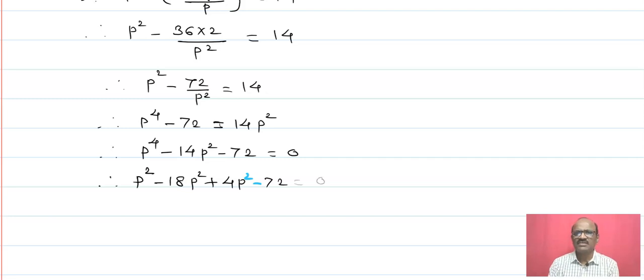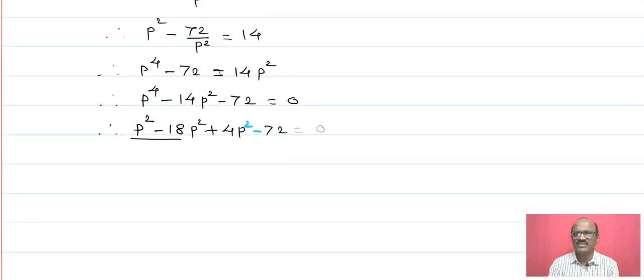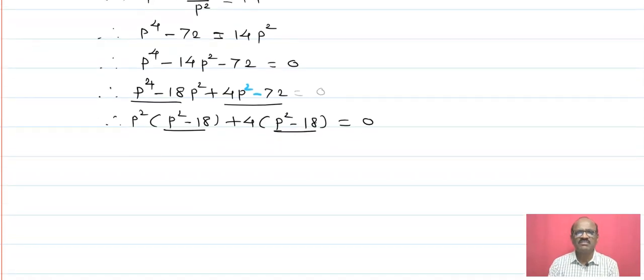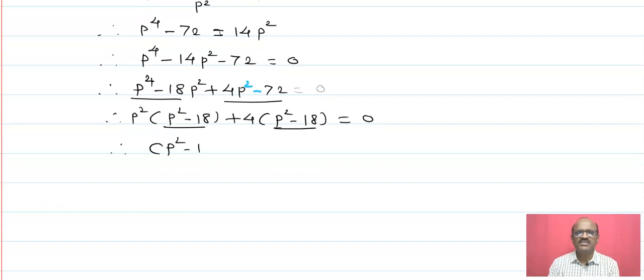And that's why we have the factors minus 18 p squared plus 4 p squared. Take p squared common from the first two, then in bracket you will get p squared minus 18, and from the remaining two take 4 common, and in bracket p squared minus 18. That's why p squared minus 18 in the first bracket and p squared plus 4 in the second bracket is equal to 0.